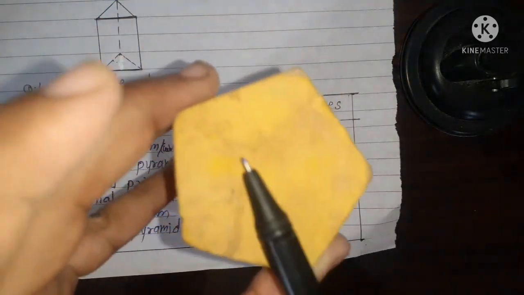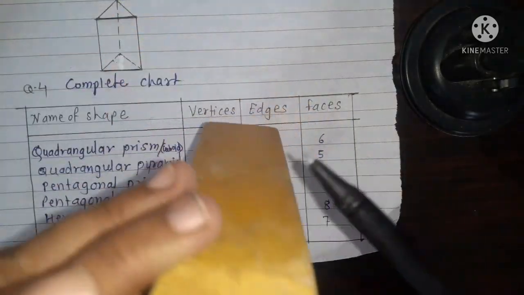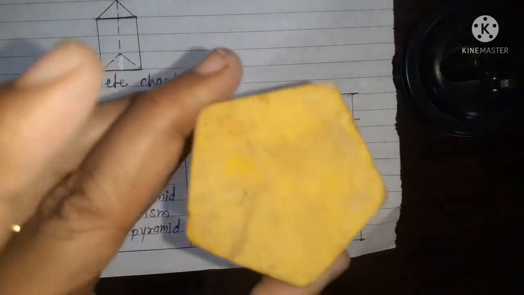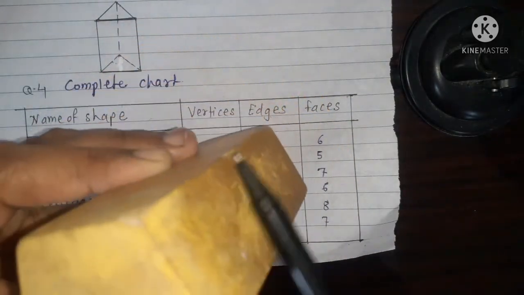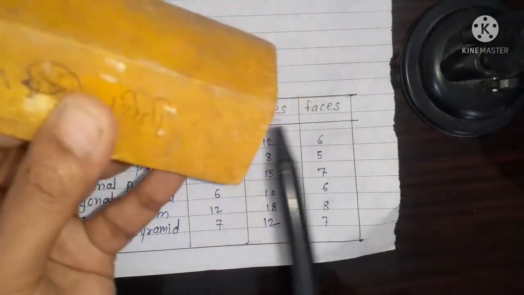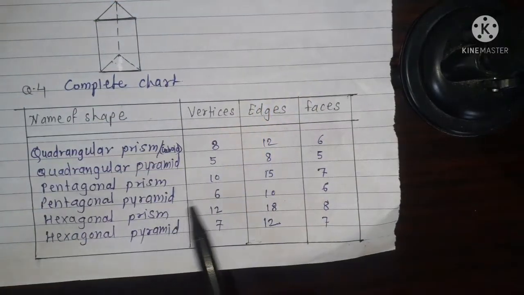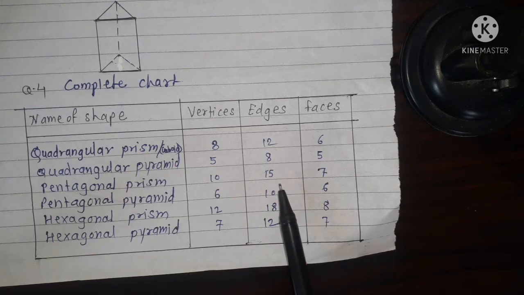And faces: 1, 2, 3, 4, 5, 6, 7. Pentagonal, so here are 5 standing rectangular faces, 5, 6, 7. So a pentagonal prism has 10 vertices, 15 edges and 7 faces.